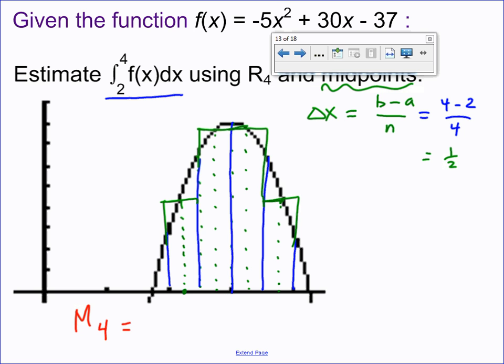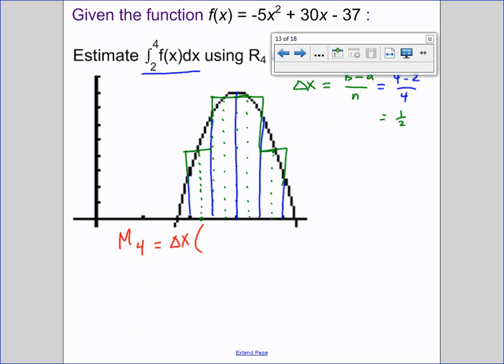M sub 4 is given by delta x times first rectangle height. For the first rectangle height, we'll begin by looking at the middle of that first subinterval. That first subinterval spans from x equals 2 to x equals 2.5, so the function height will begin by looking at x equals 2.25.